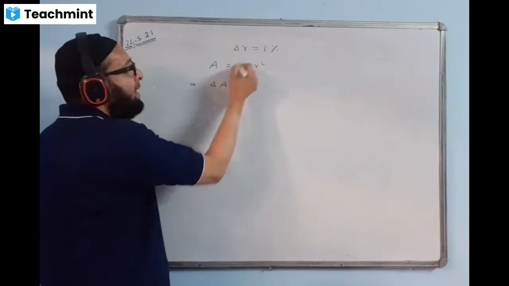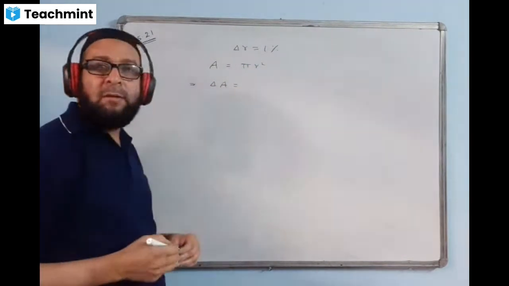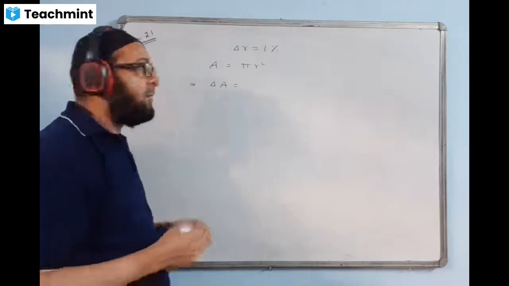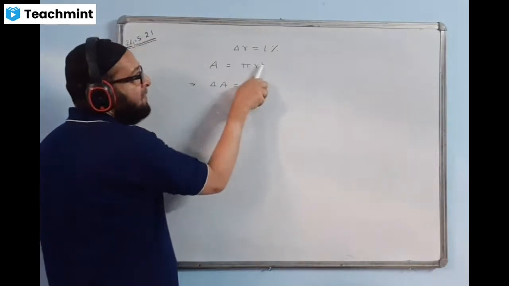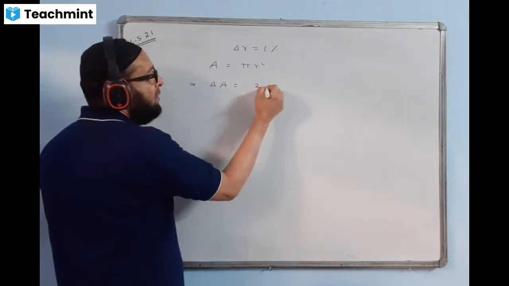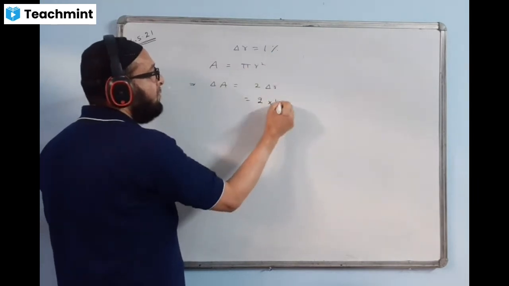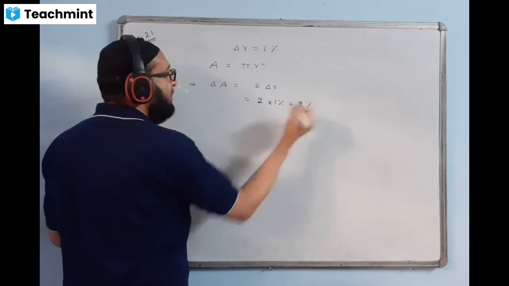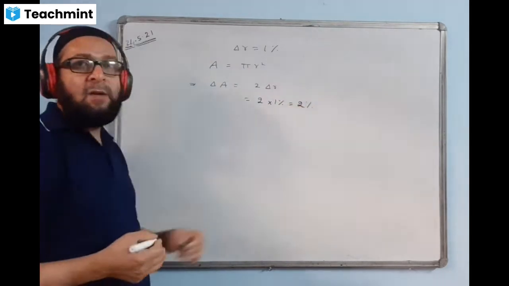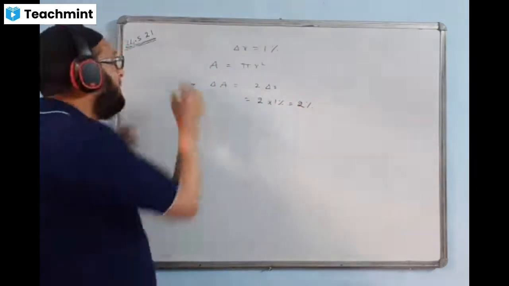Pi is a pure number, so there will be no error in it. Here the power comes in the front, giving 2 delta r. The error in the radius is 1%, so multiplying gives 2%. Finished. So the error in the area will be 2%.